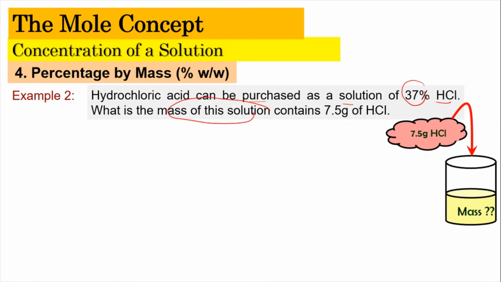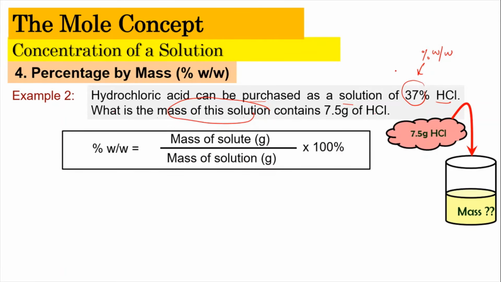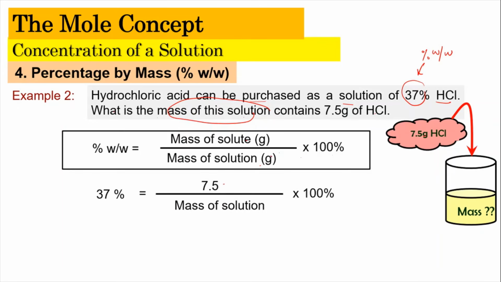The 37% here refers to percentage by mass, percentage W over W. The formula is percentage W over W equal to mass of solute, the HCl, divided by the mass of solution times 100%. Our percentage W over W is 37%, the mass of solute is known, which is 7.5 gram, and we need to find the mass of the solution.